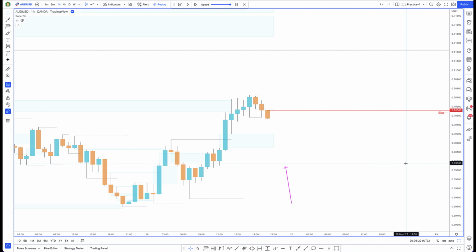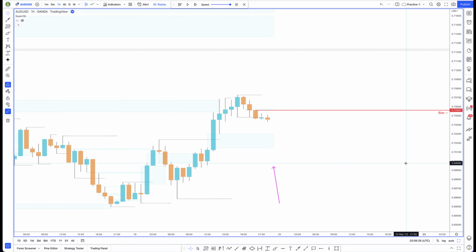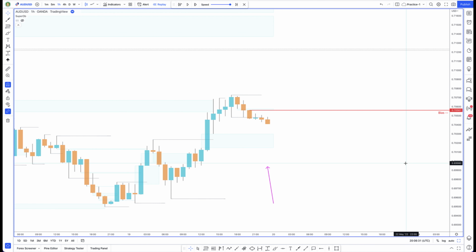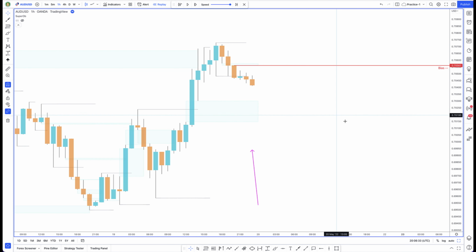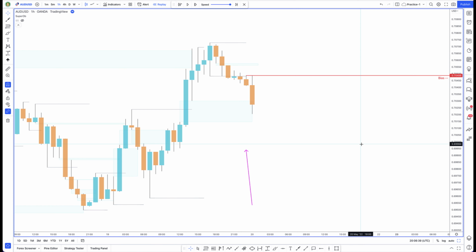Let's continue. No new 2 candle fair value gap, nothing to do. Okay, we have a new one here. Till this high is not broken, I'll continue to be bearish.